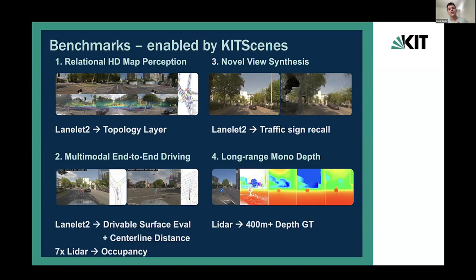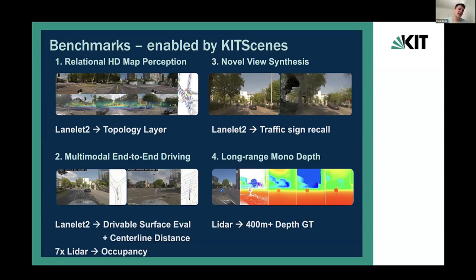And finally, long-range mono depth estimation was also something, since we can provide a 400-meter plus depth ground truth. We actually benchmarked a lot of the modern models, and we figured out that some of the models which perform really well at 200 meters, and are currently the leading models in this field, are actually getting worse with larger range than other models.